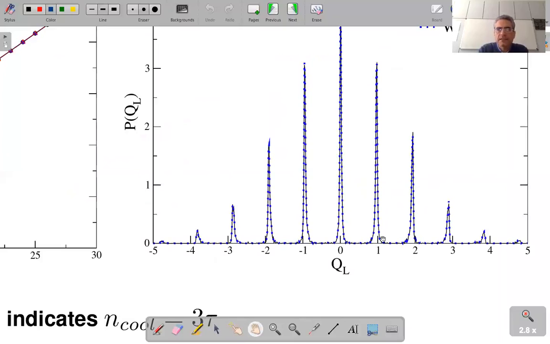And as you can see, even after smoothing, you don't have an exactly quantized topological charge. What you observe are peaks of the topological charge distributions, but the peaks are very well defined.